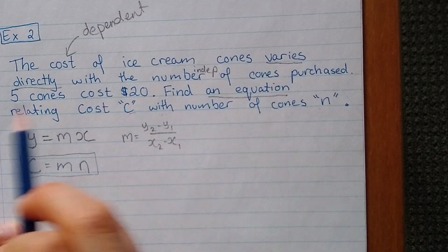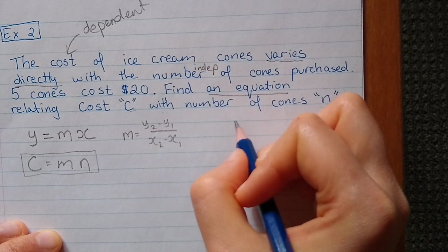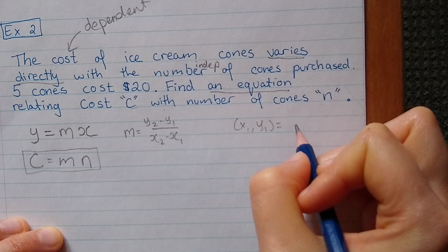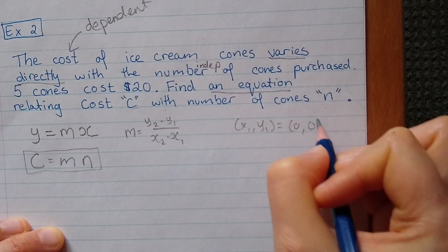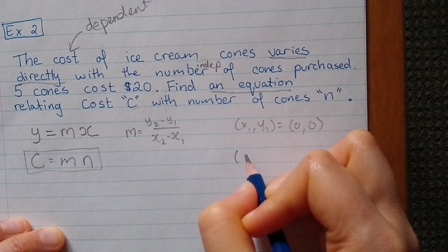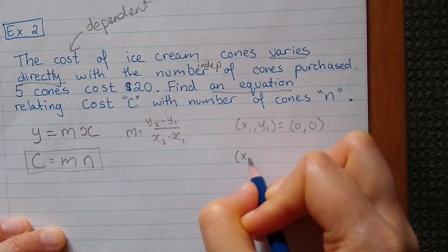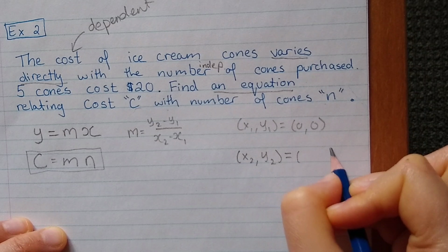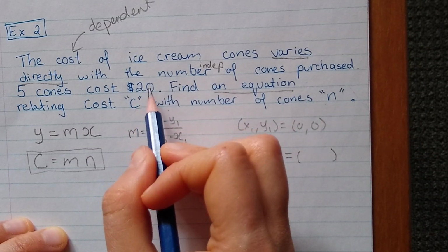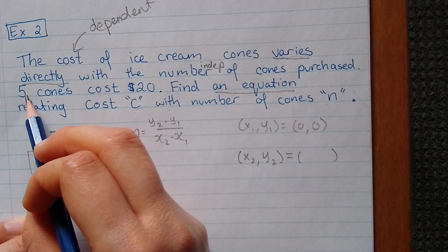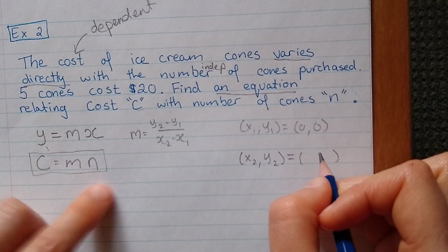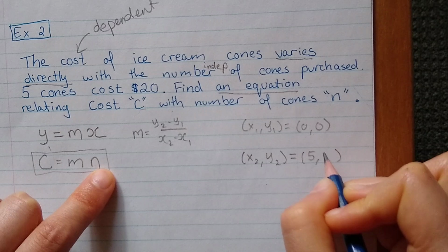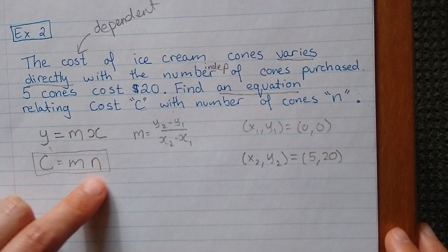And because it varies directly, our first point, x1, y1, can be 0, 0. And our second point, x2, y2, can be 5 for the number of cones, which is our independent, and then 20 for the cost, which is our dependent.